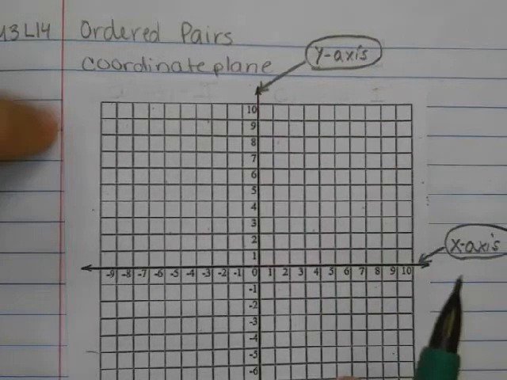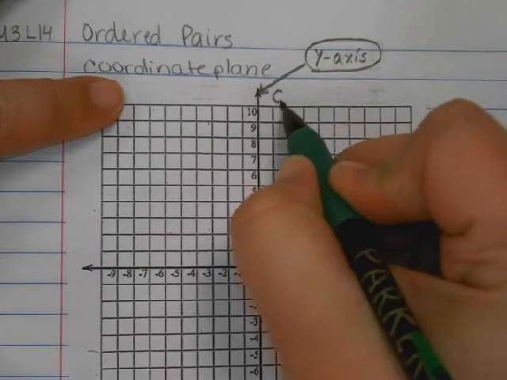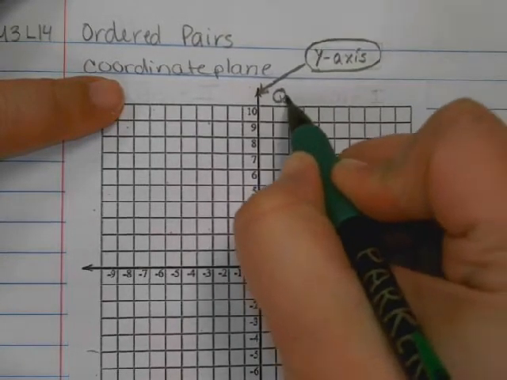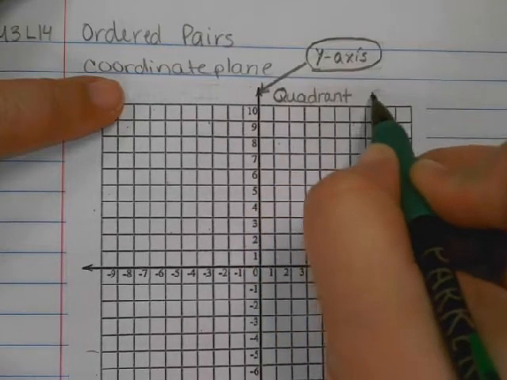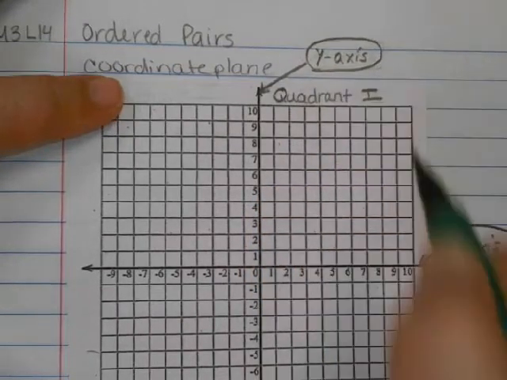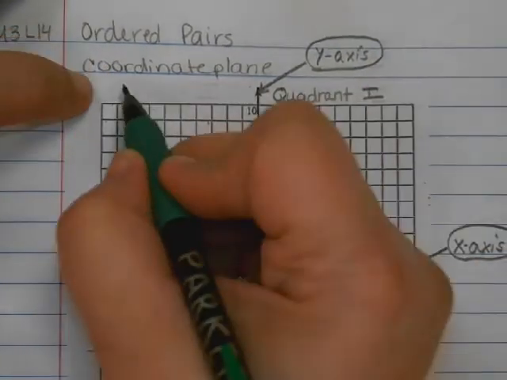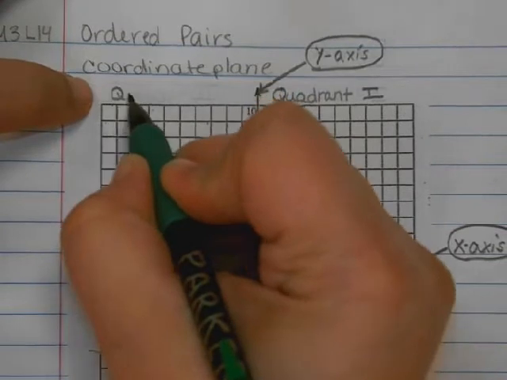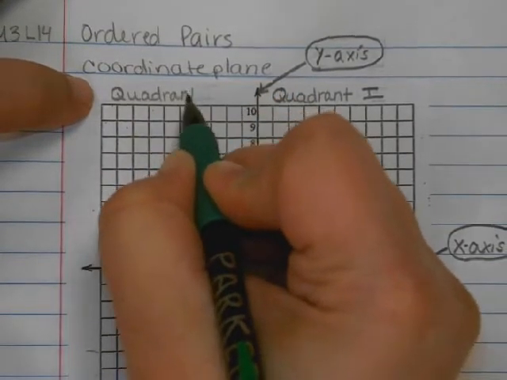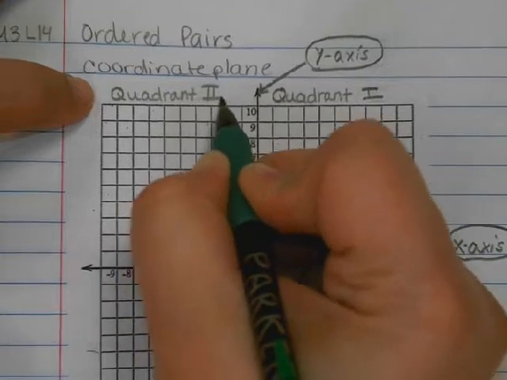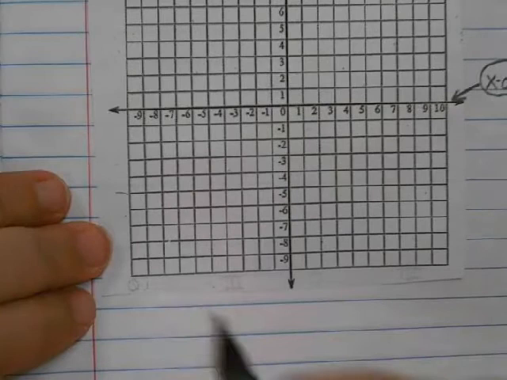Each section of the coordinate plane has a special name. This first top right section is quadrant 1, noted with a capital I for the number 1. To the left of that is quadrant 2, noted with 2 capital I's because we count this with Roman numerals.